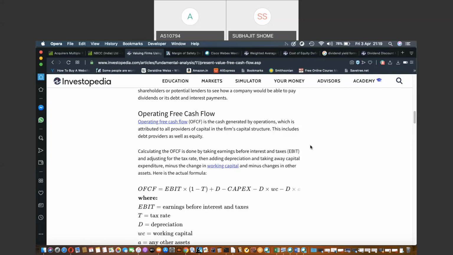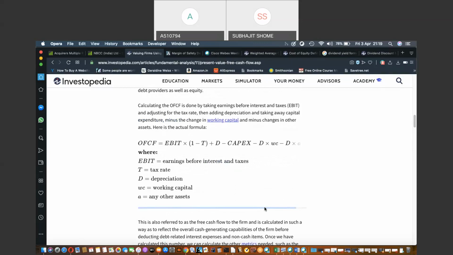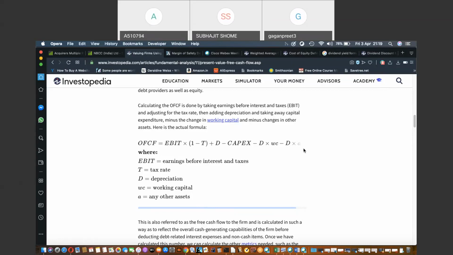It is 35 to 21%. Shubhajit, 35 to 21% it is showing. 25% in India. 15% is it?